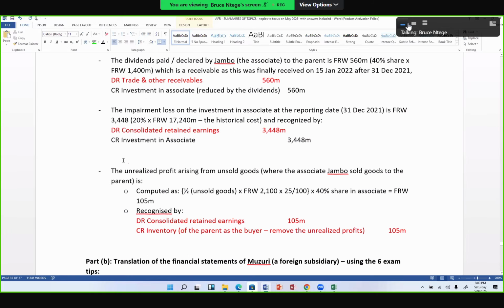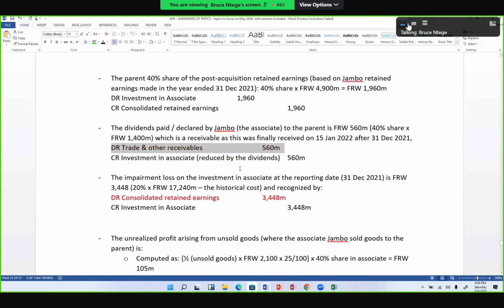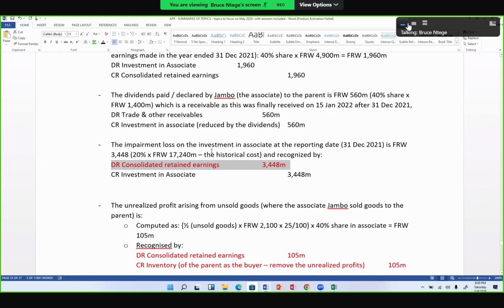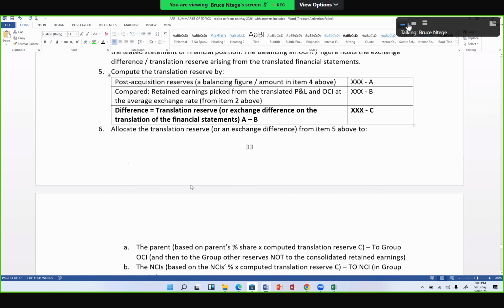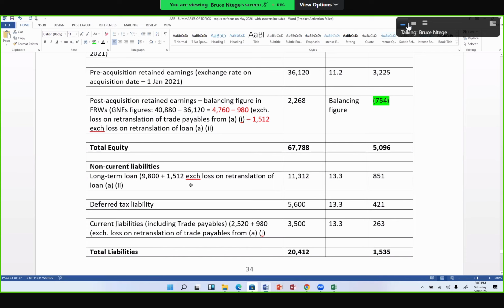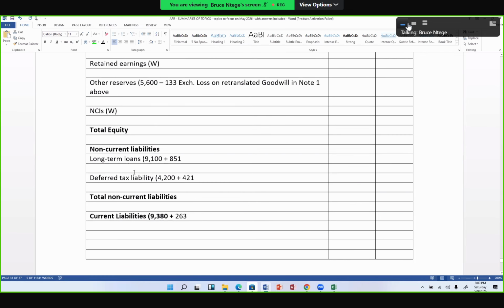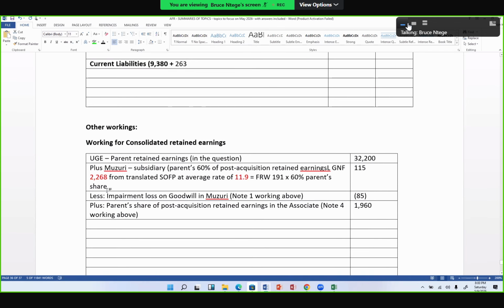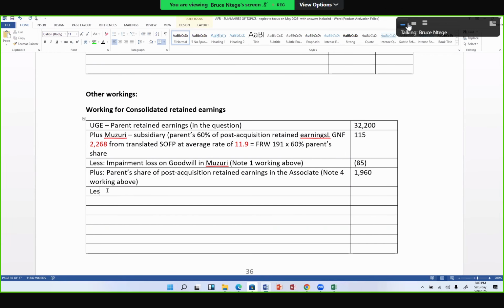Okay, just like now there's another one. Now the consolidated retained earnings is getting the share of the impairment loss on the investment in associate. So in that working, consolidated retained earnings, I'm taking a debit, which is a minus. Debit retained earnings is a minus 3448. So let's go down to the working called consolidated retained earnings, which is here. Debit is a less. So I come in and say less the impairment loss on the investment in associate.